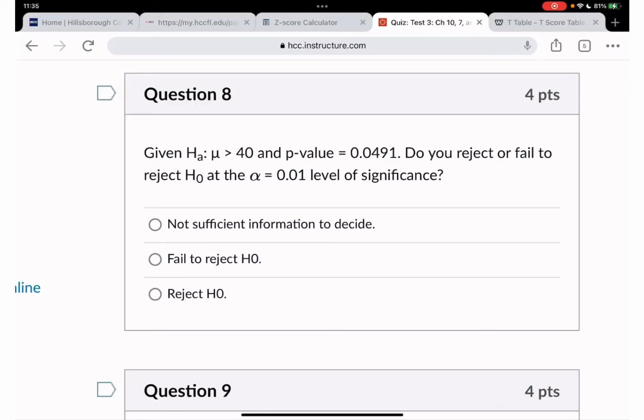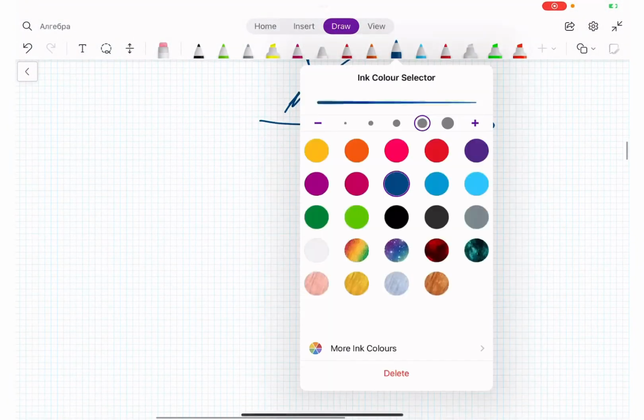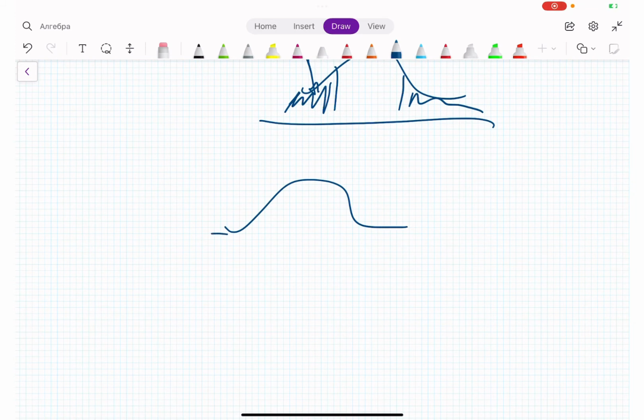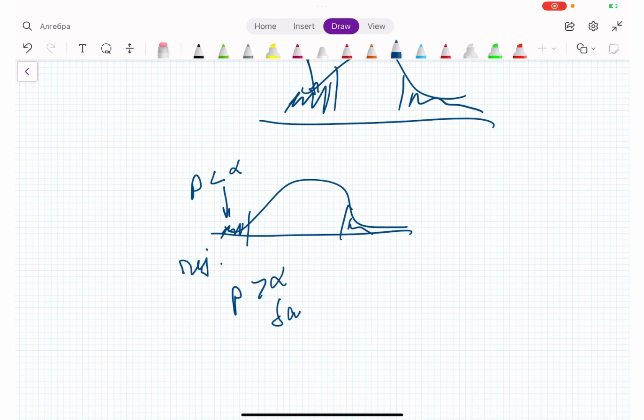Now, our alternative hypothesis, mu is greater than 40, and since we are interested in the answer for the null hypothesis, if the alternative is greater than, then null is going to be less than, right? So if our p-value is less than alpha, then we are rejecting. If our p-value is greater than alpha, then we fail to reject, which means it's going to fall in this area.